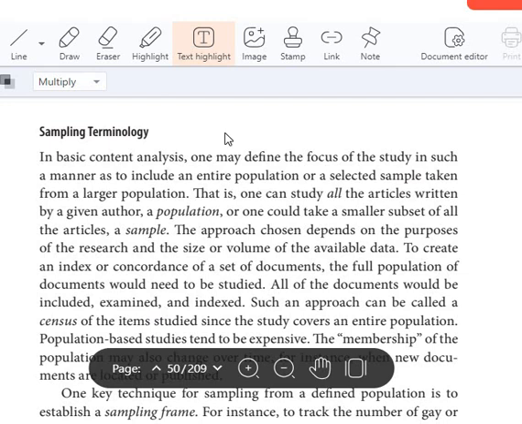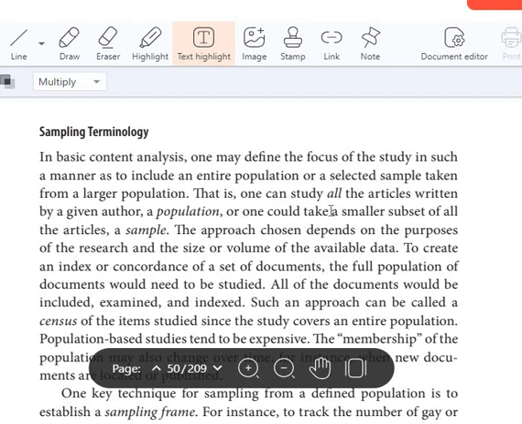Now let's move on to the sampling terminology. Here in basic content analysis, we should define the focus of the study. We always should understand what the main points to be focused on are. Should we include the entire population, or should we select samples taken from a larger population? Of course, population means all the articles, okay, all the participants.